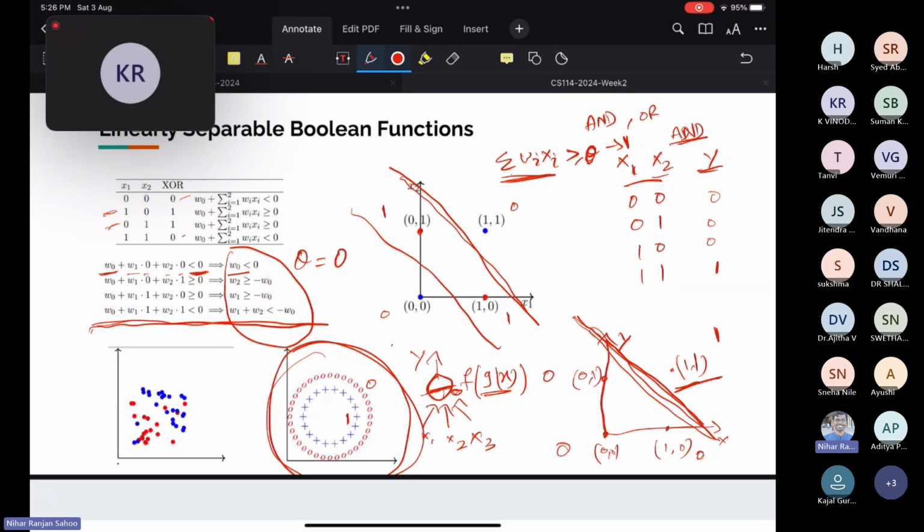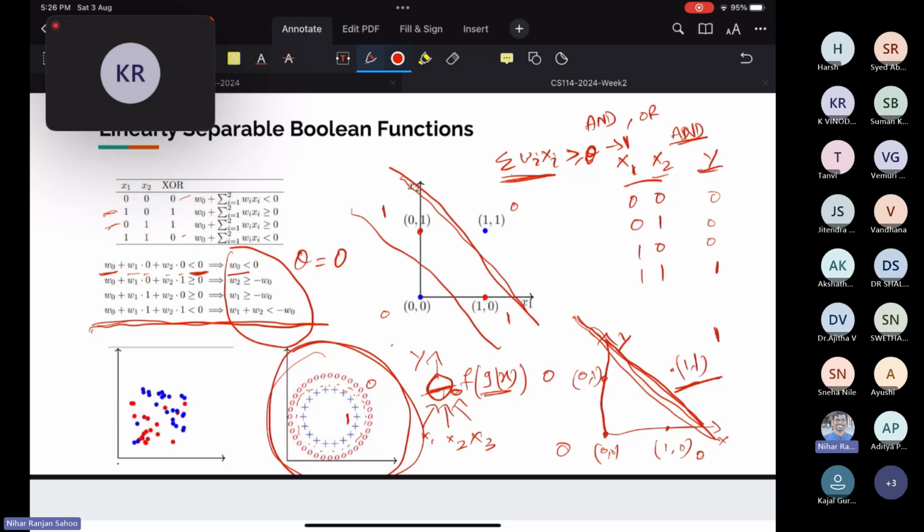We don't have a linear boundary to separate these two classes of points, right? So we have a non-linear boundary here. Can we come up with a linear boundary to separate these two? All these things we'll discuss in future lectures of this course.